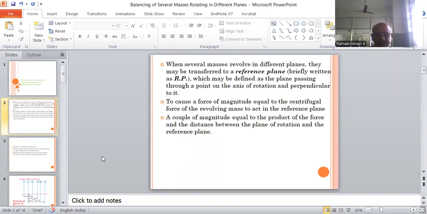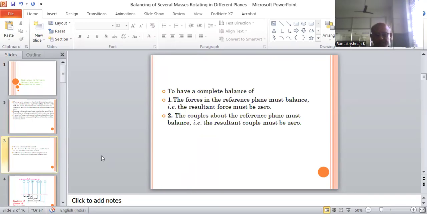So we create an equivalent system by transferring the different planes to the reference plane. All are equalized, that is, the centrifugal force and the couple. So we make use of the reference plane from which the distances of all the planes of rotation are measured.